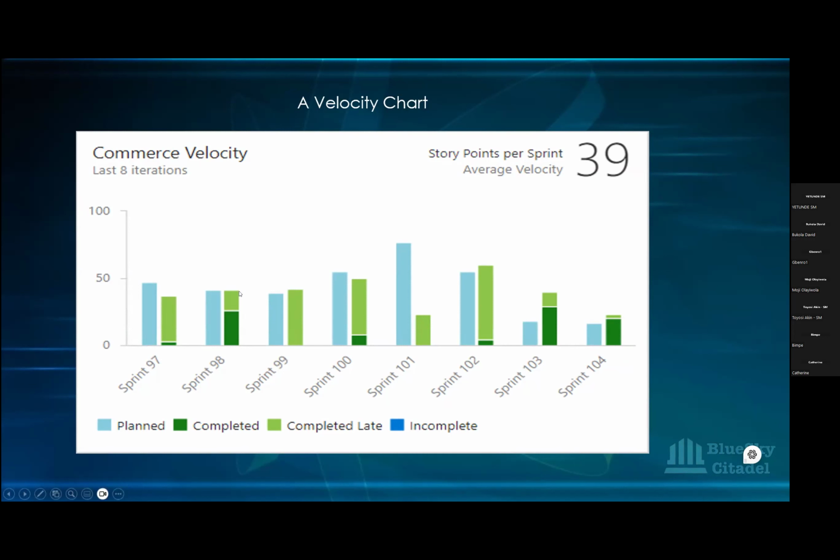And if you look at this, it is tracking the last 8 sprint iterations, and it's tracking the story points. And it's saying for this team, their average velocity per sprint is 39. So what it's telling them is you can only take 39 story points into the next sprint.